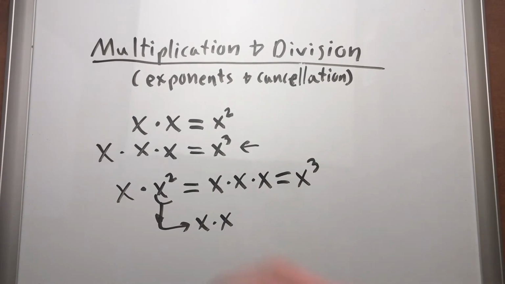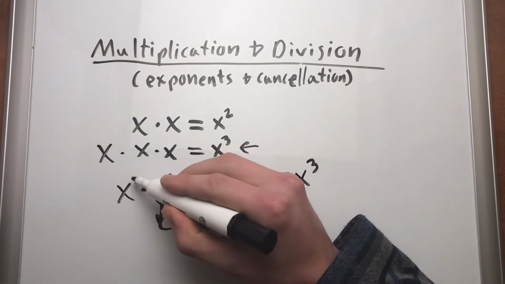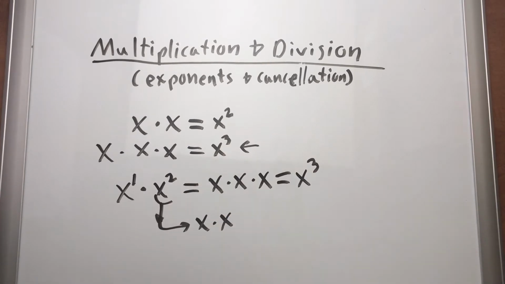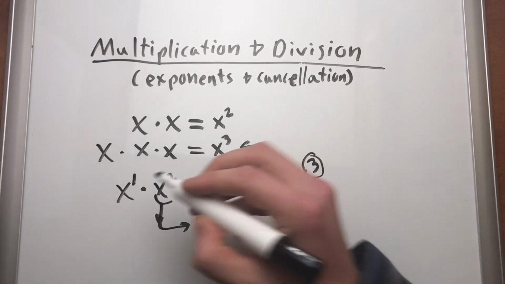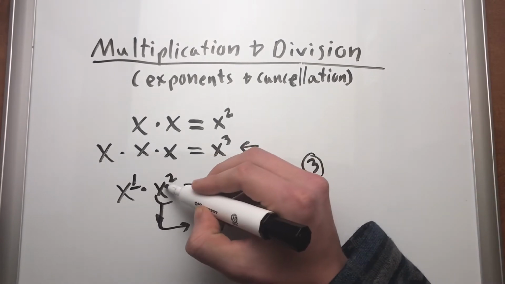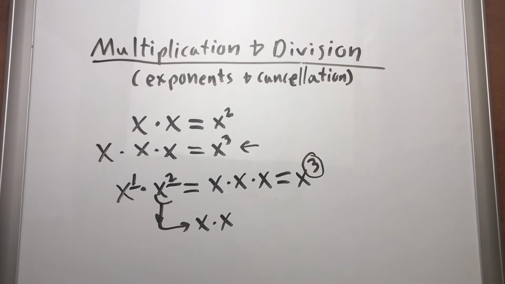Now, x can be thought of as x raised to the first power. And if you notice, the exponent of our solution is equal to the sum of these two exponents here. X raised to the first power times x raised to the second power equals x raised to the third power.